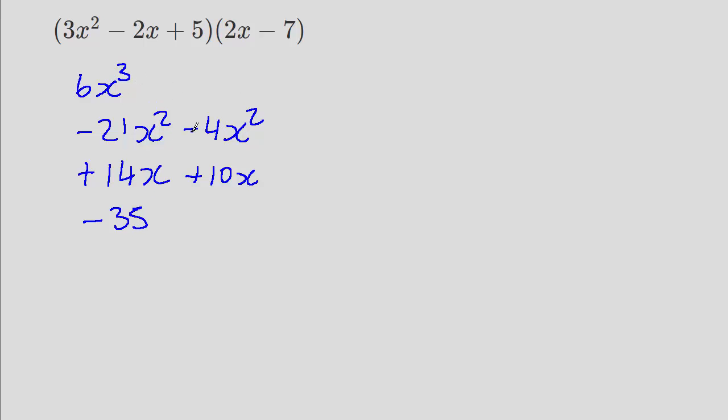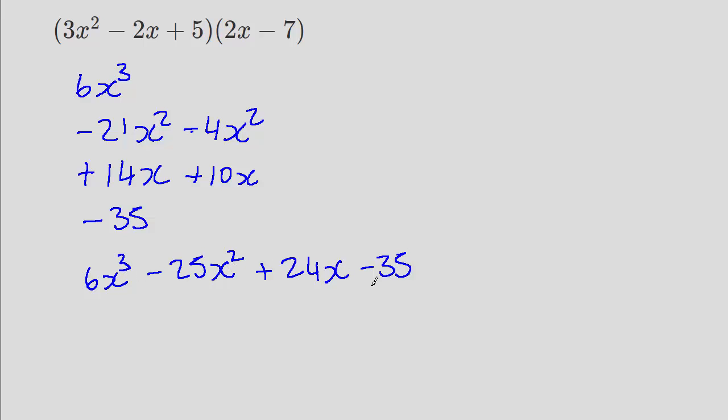So I've done it this way, so I've got the x cubes, the x squareds, the x's and the constant terms. So bringing this all together, I've got 6x cubed, I've got minus 21 minus 4, so that's minus 25x squared. Then I've got 14 plus 10, so that's plus 24x. And then I've got minus 35.